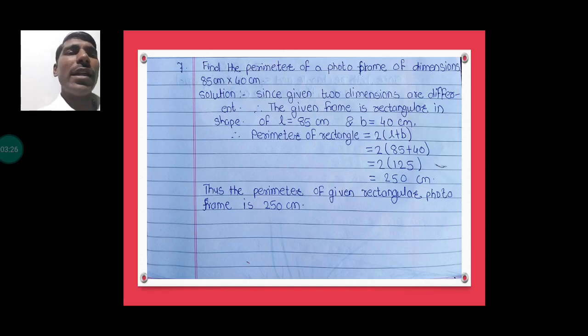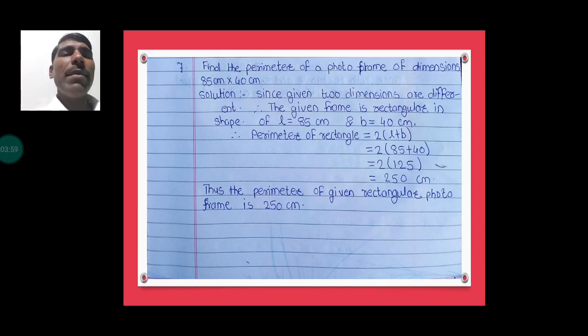So what we write as the answer for this: since the given two dimensions are different, 85 and 40 are different numbers, the given frame is rectangular in shape, of length 85 centimeter and breadth 40 centimeter.